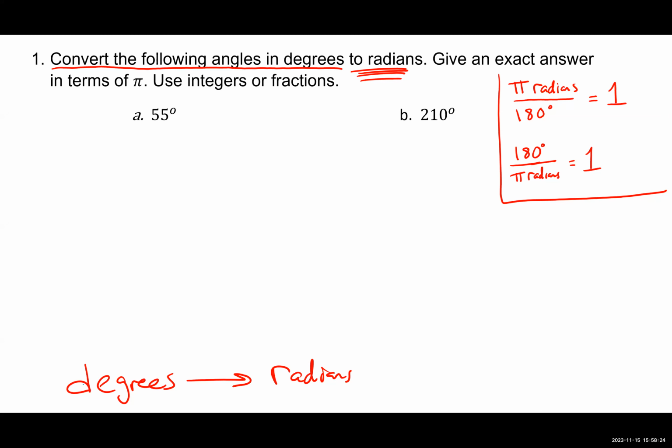In essence, what we are going to do is take 55 degrees and multiply it by 1 to turn it into radians. 55 degrees times 1. But we're not going to use the number 1. We're going to use something that's equal to 1. These guys over here.